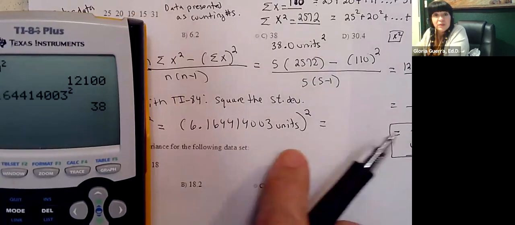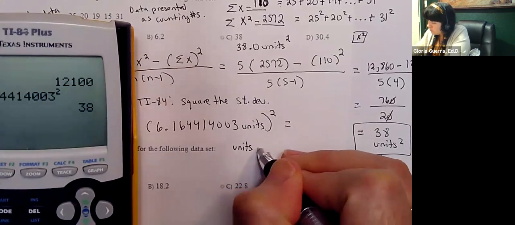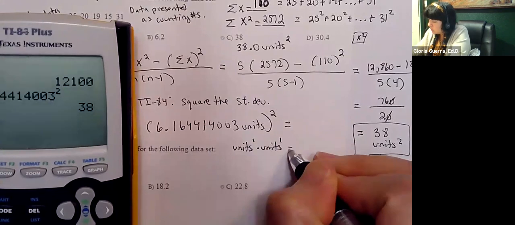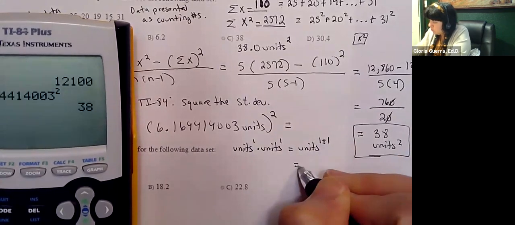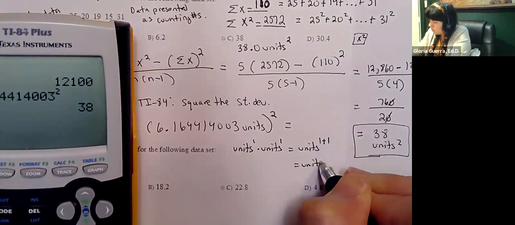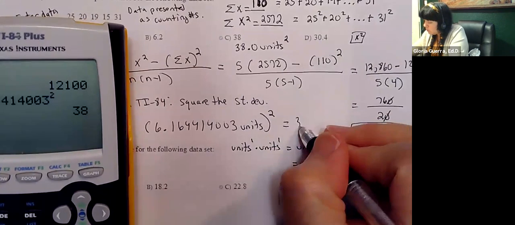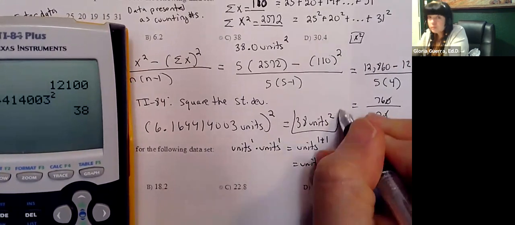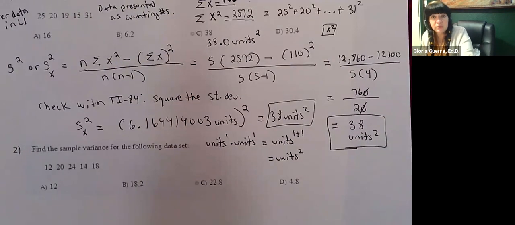And units times units, units times units is units squared. So it's 38 units squared. So you see it does check out. Okay, so you will demonstrate that on your test.